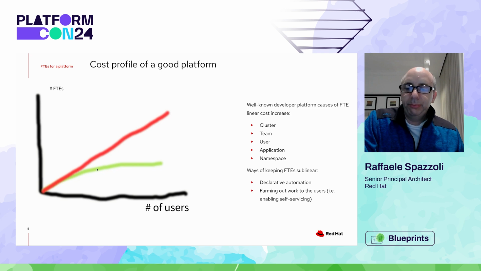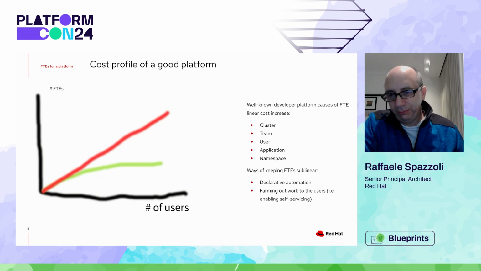So at some point it doesn't grow anymore as the success of our platform grows. If it looks like the red line where there is some level of proportionality, that means that the more we are successful, the more the cost, which is unsustainable in real organizations. So that's our objective, to have this asymptotic line to a constant number of FTE, let's say, if that's how we measure the cost. Not easy to do, but again, the solution is standardization, automation, and self-servicing.